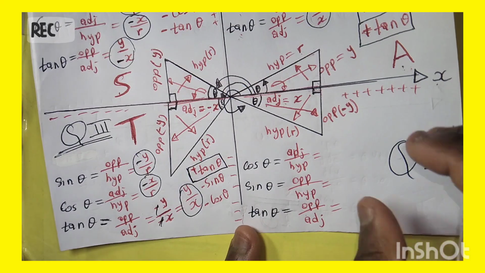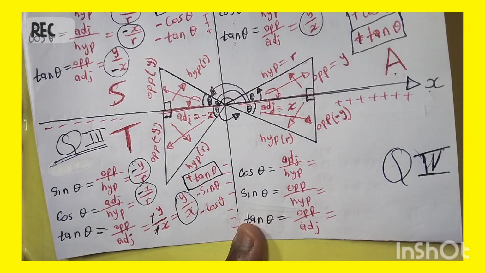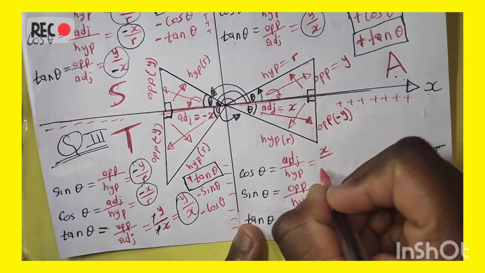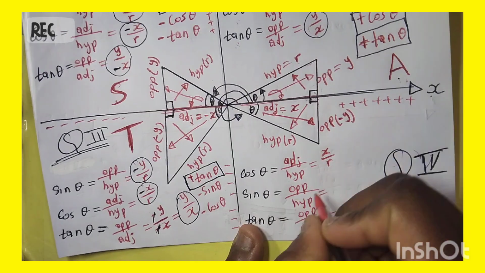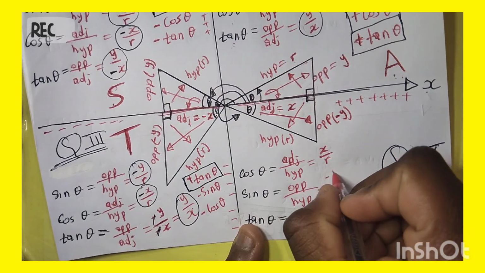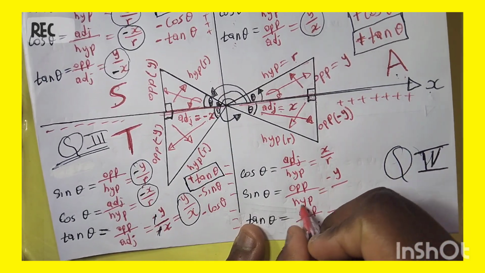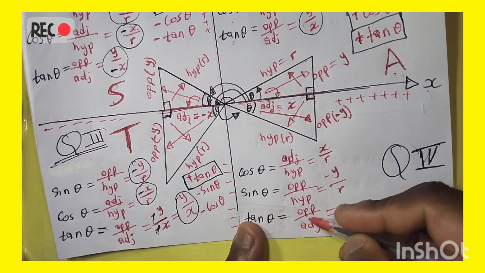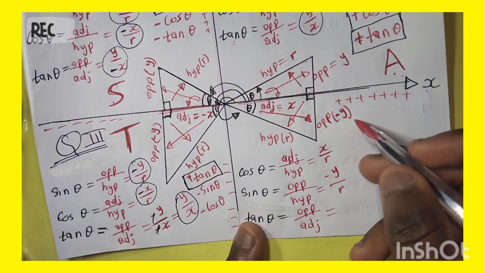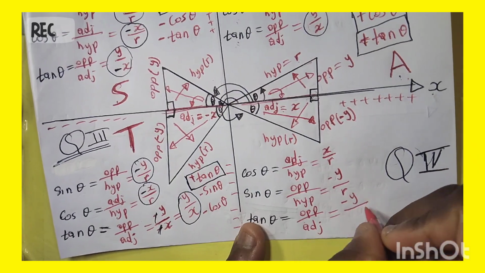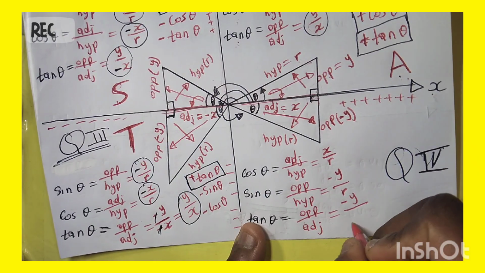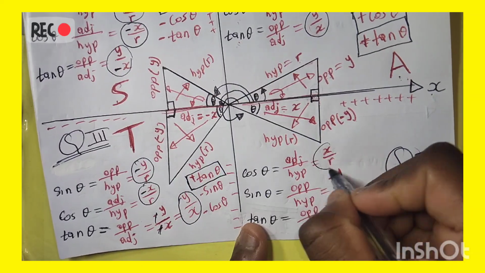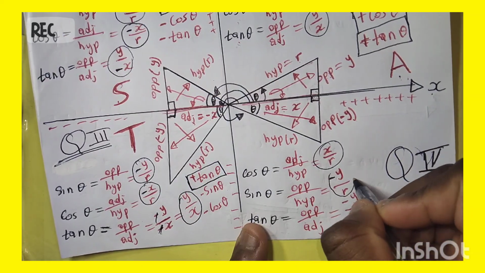Okay, let's move forward. My adjacent, guys, as you can see, is positive x. Then hypotenuse is r. Opposite is negative y. Then my hypotenuse is r. Then my opposite, here's the opposite. Then my adjacent is positive x. So if you take a look, guys, this one is positive, but both of these are negative.